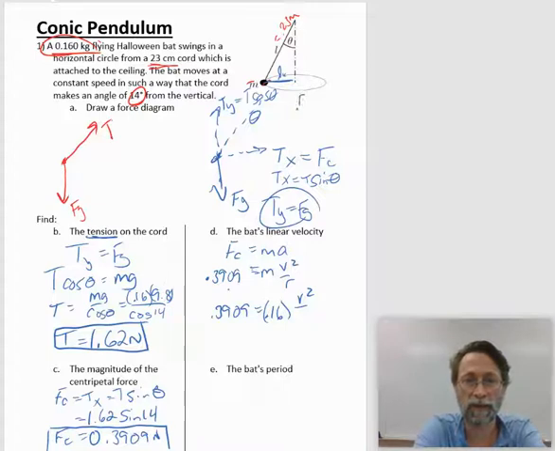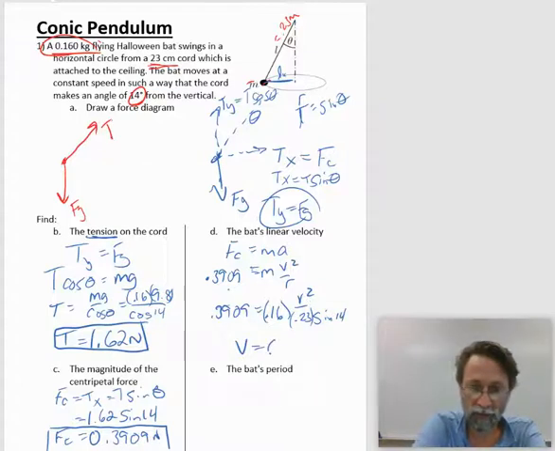The radius over L is equal to the sine of theta, which means the radius is L sine theta. So I take 0.23 times the sine of 14, then take 0.3909 divided by 0.16 times the radius, and square root it. And we end up with a velocity of 0.369 meters per second.